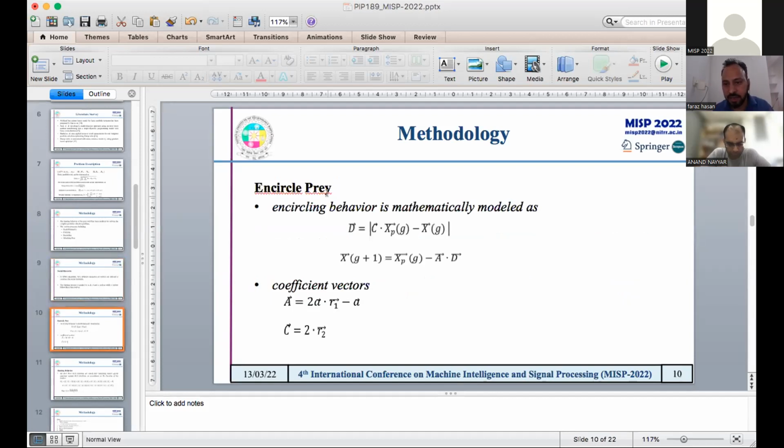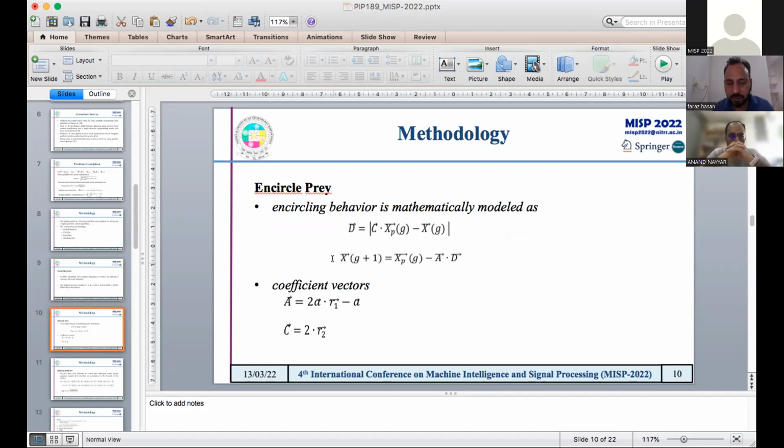For encircling prey, this is the mathematical model for the encircling behavior of the gray wolves. D equals C times X_P, where X_P represents the position of the prey, minus X(G). X represents the position of the group of wolves.